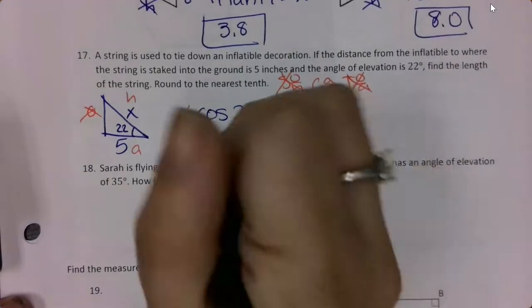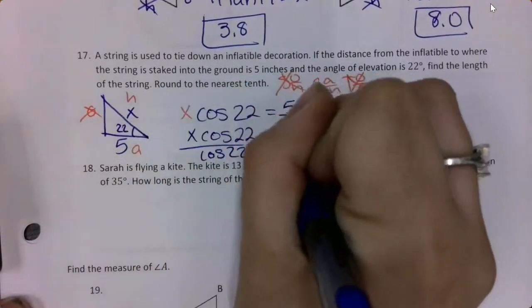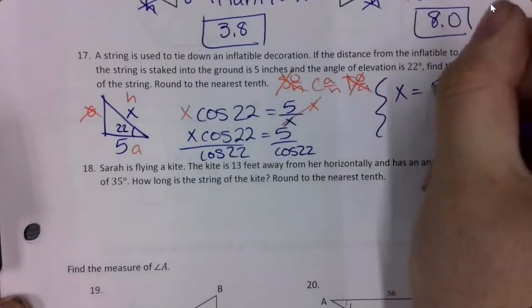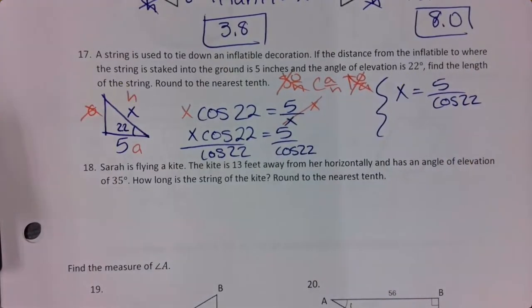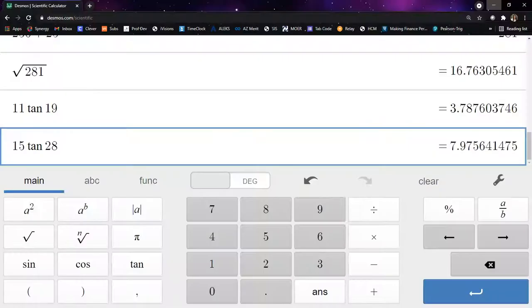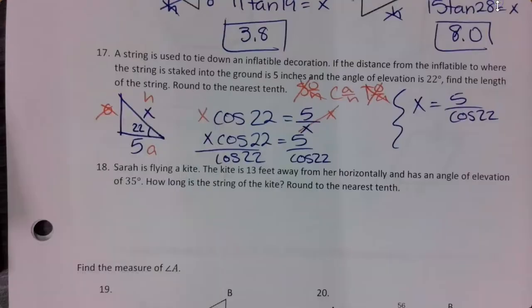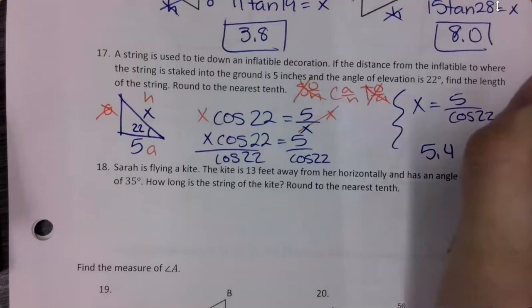Then I want to get x alone, so I'm going to divide both sides by cosine 22. So I get x equals 5 over cosine 22. Then I can go ahead and type that into Desmos, which gets me 5.4. This was inches.